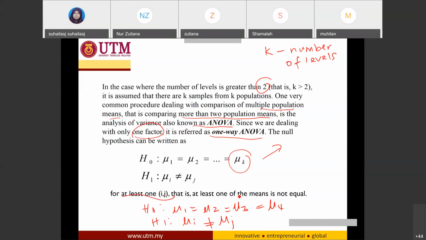That is, at least one of the means is not equal. So the null is that all population means are equal, and the alternative is that at least one of the population means is not equal. If you want to write in terms of a sentence, the null is that all your population means are equal.